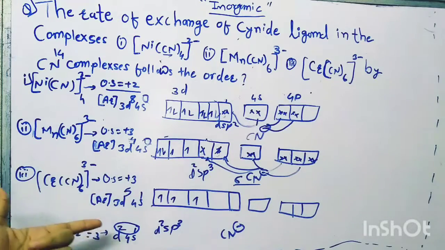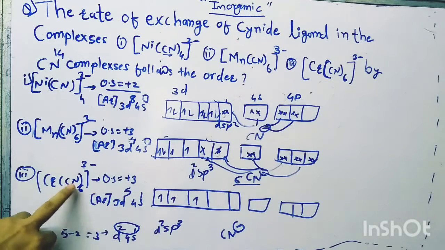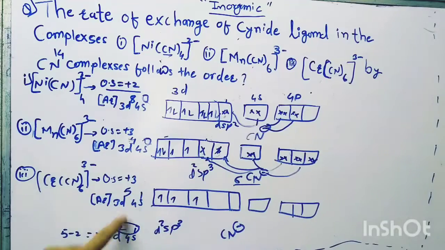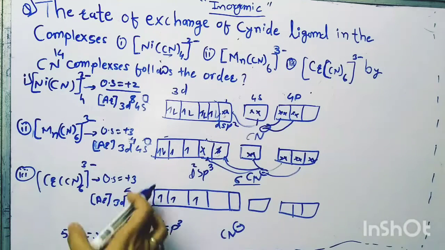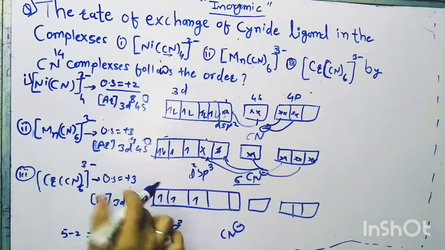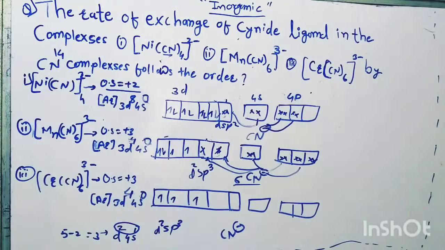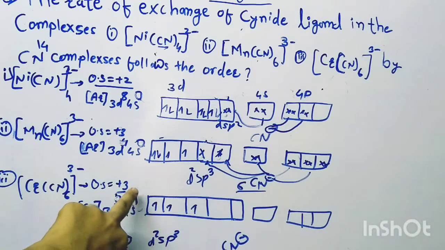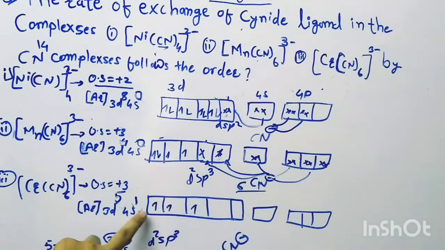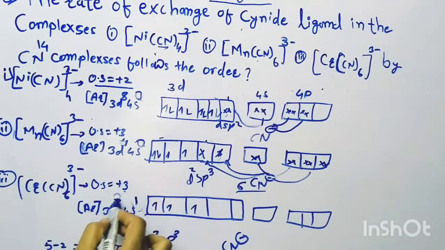Now for the chromium complex, here it is also an octahedral complex and 6 ligands are present. The oxidation state is +3, and here the +3 oxidation state is neutralized by 1 electron of the 4s and 2 electrons of the d orbital. For chromium, the configuration is 3d5 4s1; we take 1 electron from s and 2 electrons from d, then subtract 3 electrons for the +3 oxidation state, so it becomes 3d3 and 4s0.